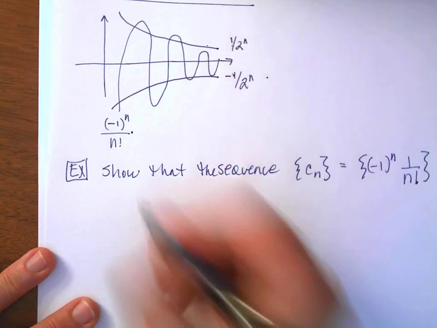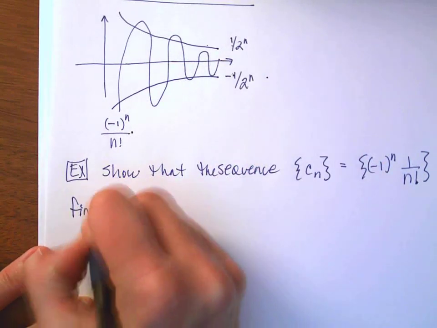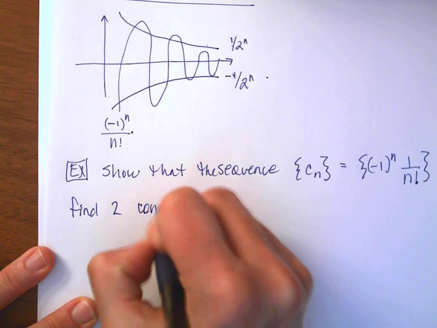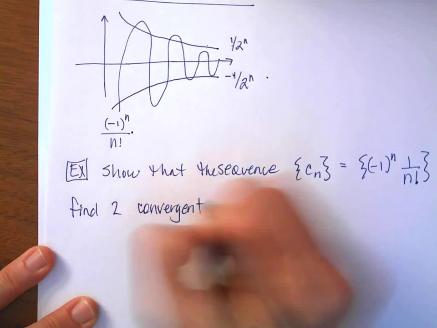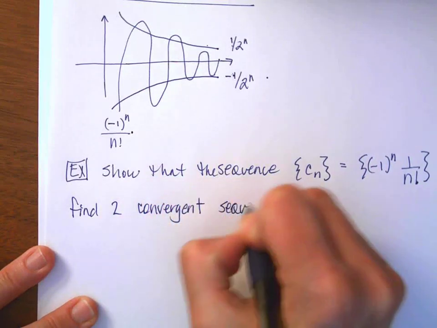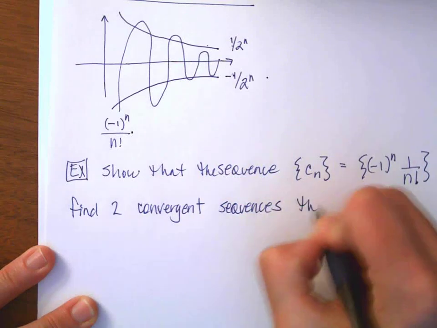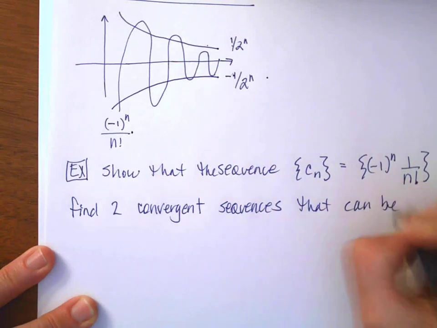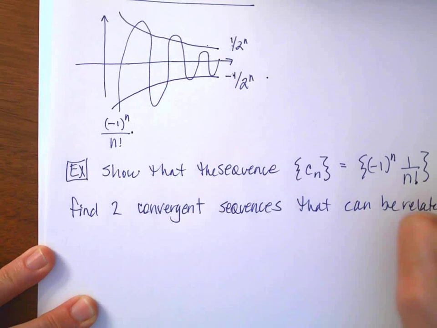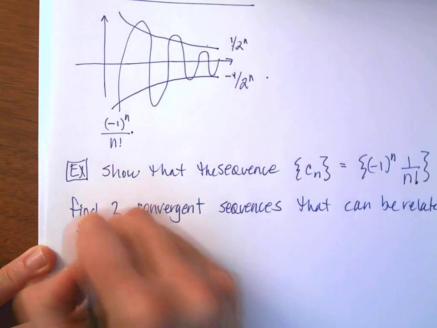So before I can show that the squeeze theorem actually works, I have to find two convergent sequences that can be related to the given sequence.